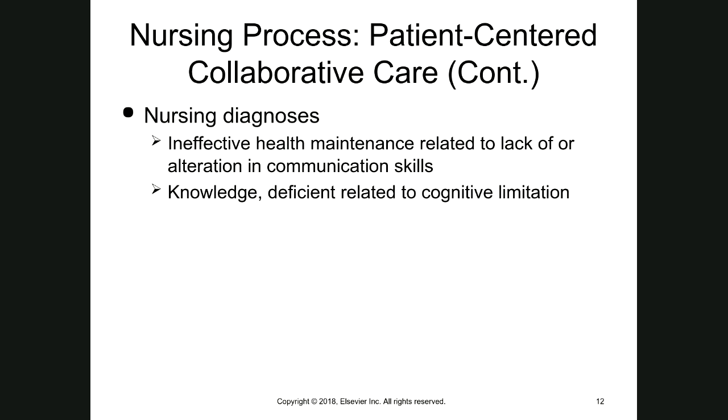Now, the nursing process here: you want to know the nursing diagnosis. What are their diagnoses medically? Not only medical, but you have to look at the nursing diagnosis that correlates with health maintenance. So there's a lot of knowledge deficit.